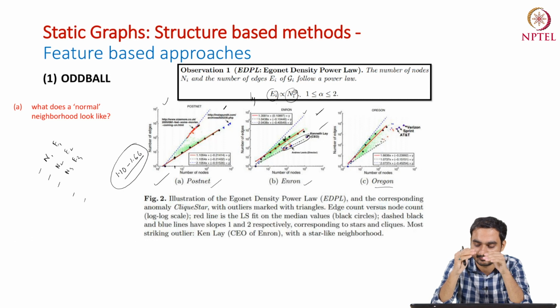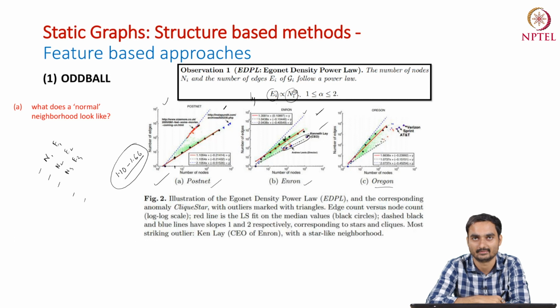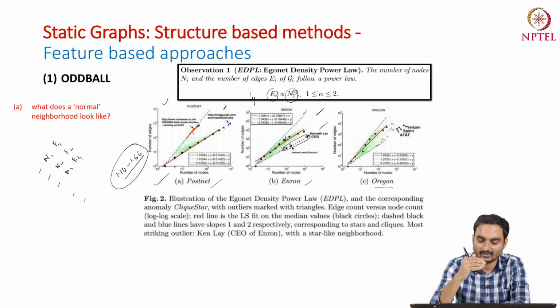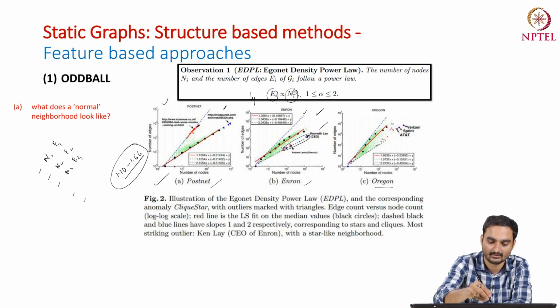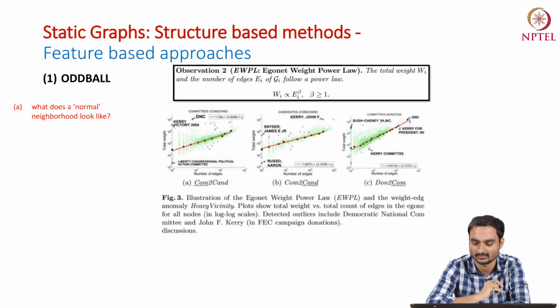And if some point lies on the slope 2, or much above the standard deviation, that entity may look like a clique-like entity. So, in this way you can identify cliques and stars. All right. Let us look at the second observation.